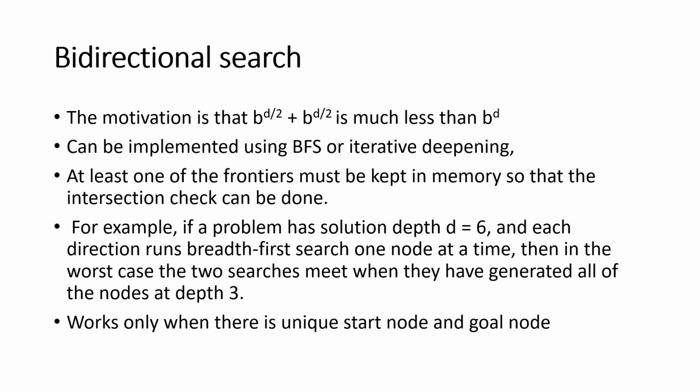Other searches we have seen are b raised to d, but here b is the branching factor and d is the depth, and forward search covers b to the power d by 2 and backward search b to the power d by 2. So there will be b to the power d by 2 plus b to the power d by 2. So this is expanding two searches of depth d by 2, and each is much cheaper than expanding one search of depth d.